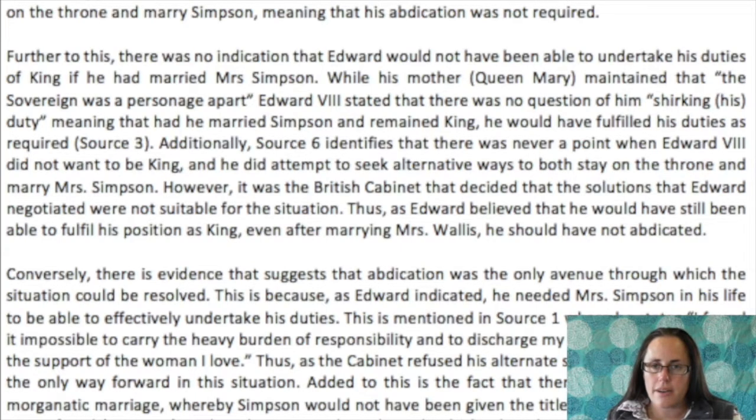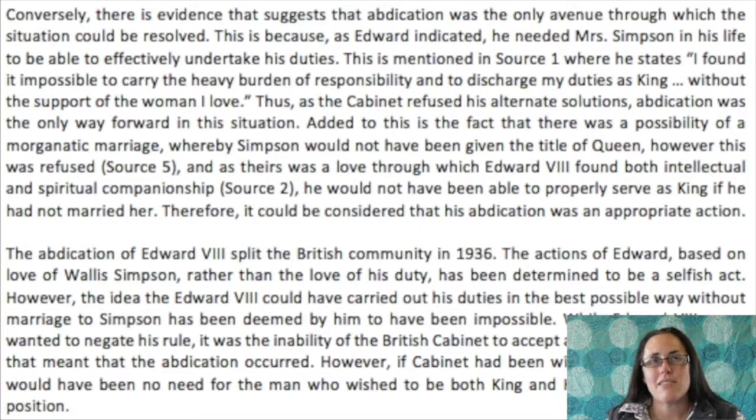The last paragraph that I've written demonstrates why I think there is an argument given that he probably should have abdicated, and that is because the situation had to be resolved. Edward said that he needed Wallis Simpson in order to be able to carry out his duties as he saw fit, and that's told to you in source 1.